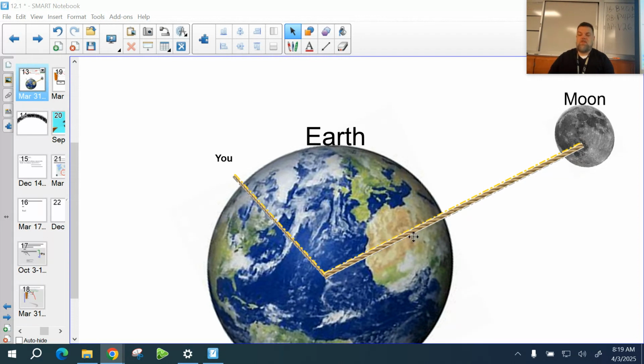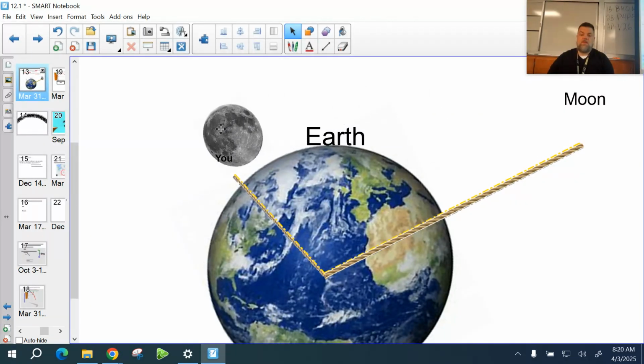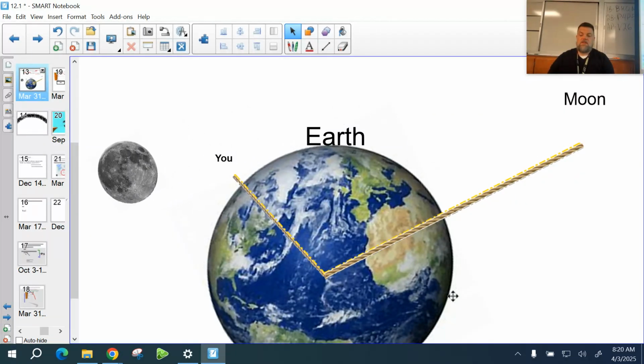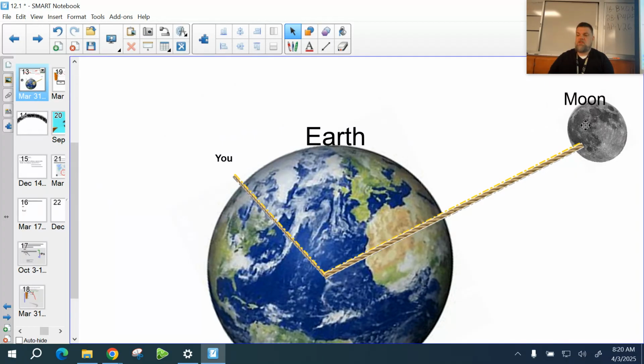So if the moon is over here, the water over here gets pulled towards this side of the Earth, enough that it's noticeable. And so it would be low tide over here. If we were to move the moon over here, then it'd be high tide over here and low tide over here. And that's just because the moon has a gravitational pull.